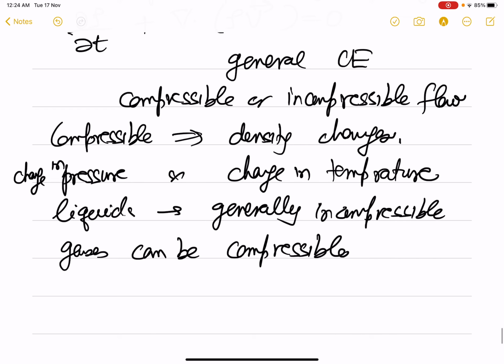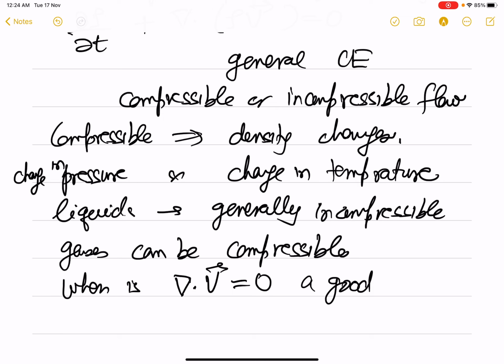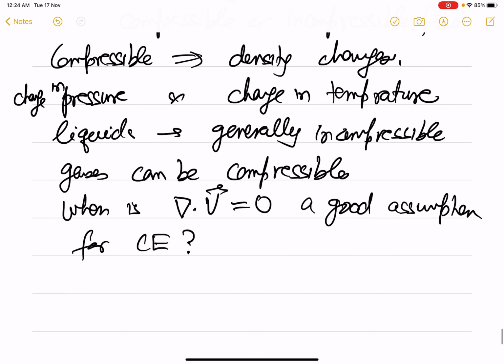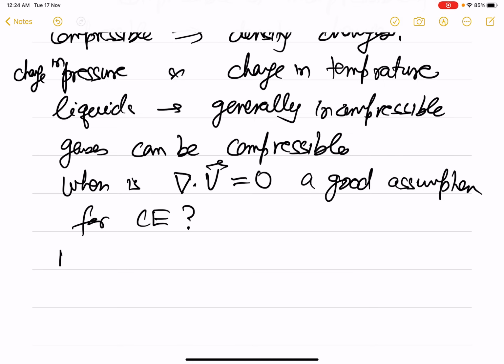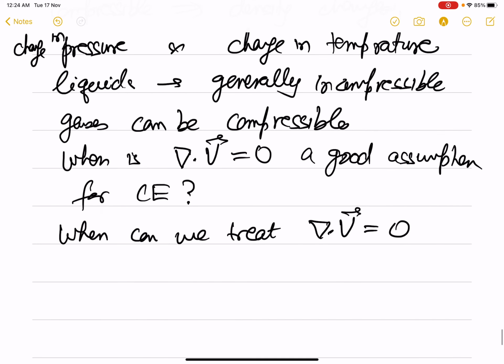So the question which we ask is, when is del dot v is equal to 0 a good assumption for the continuity equation? Can we make some ballpark estimates? When can we treat del dot v is equal to 0?